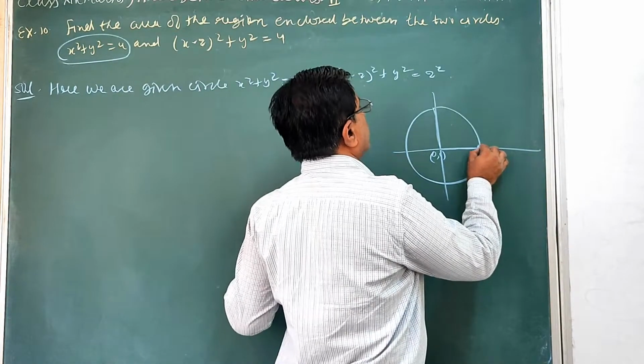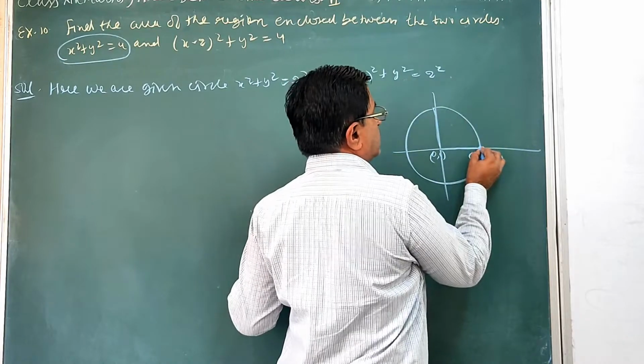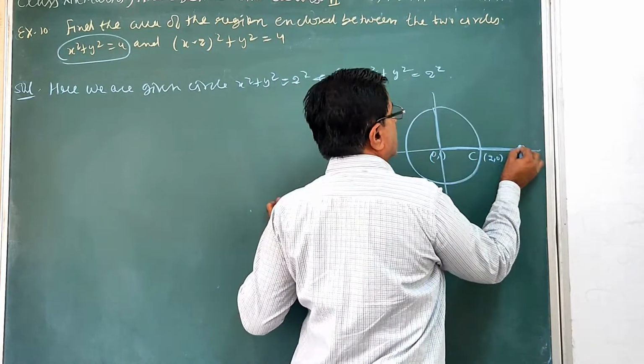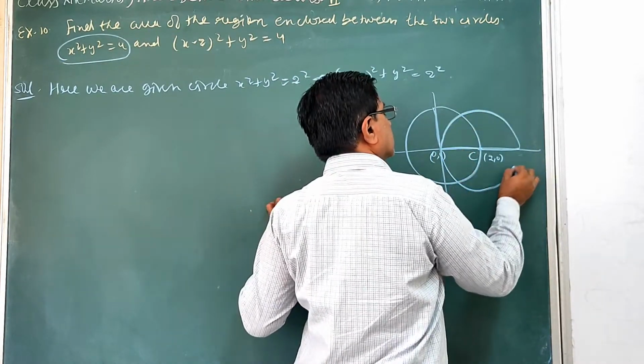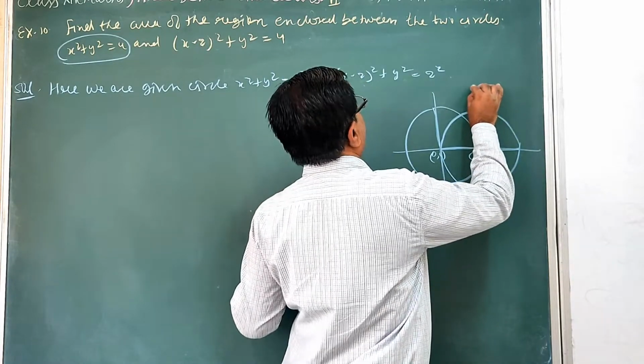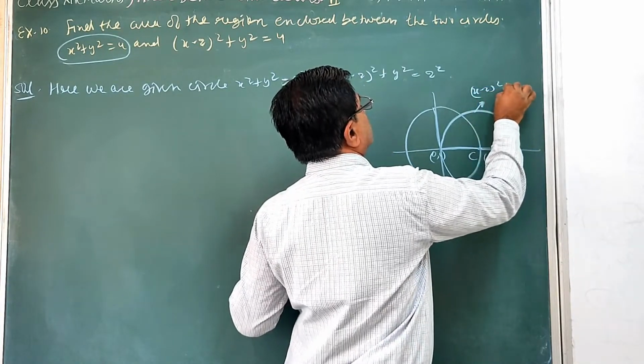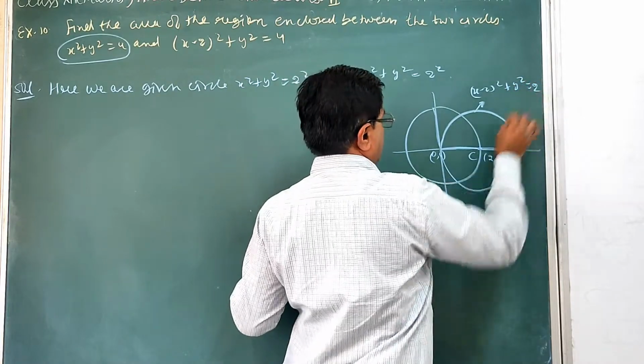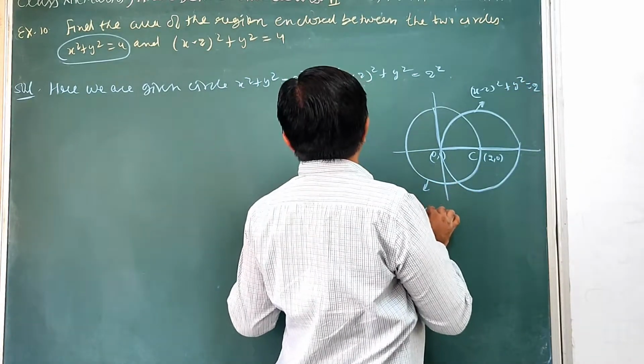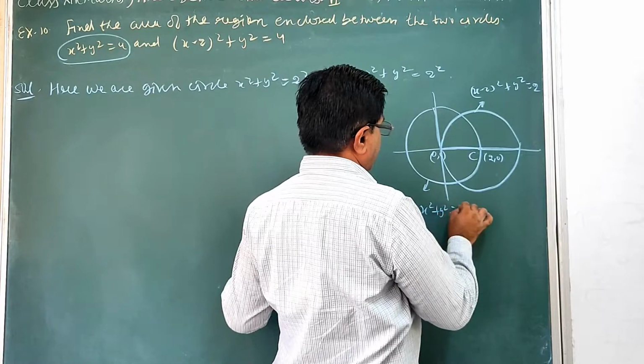So this point is the center, and the radius here is also 2, from this side to this side. So the circle will be like this. So this is the second one, x minus 2 whole square plus y square equal to 2 square, and this is the first one, x square plus y square equal to 2 square.